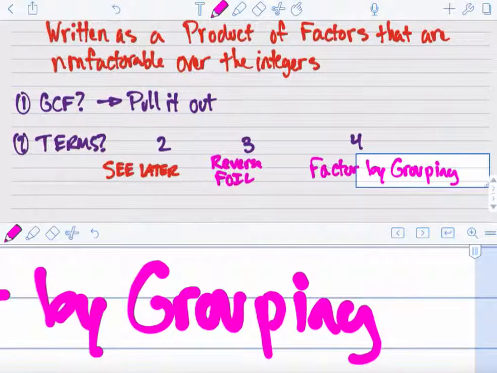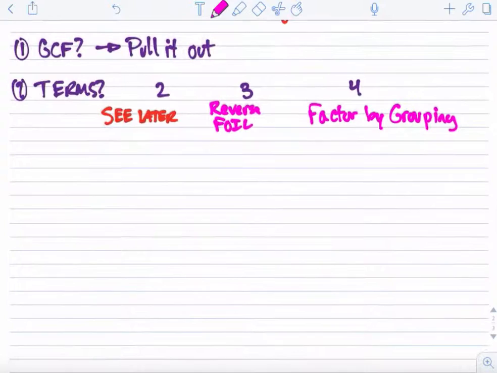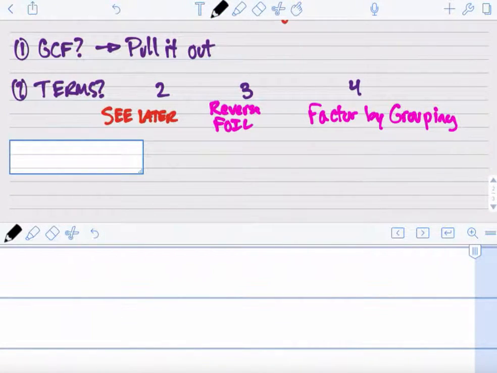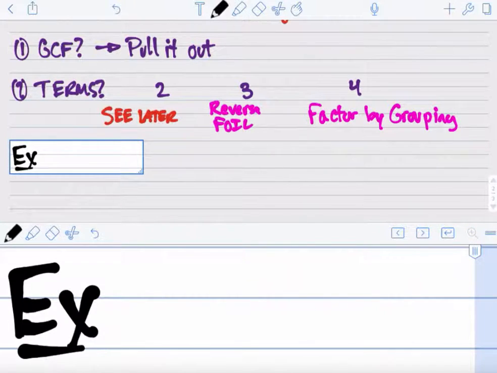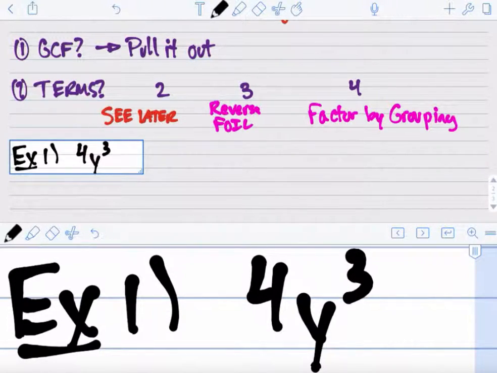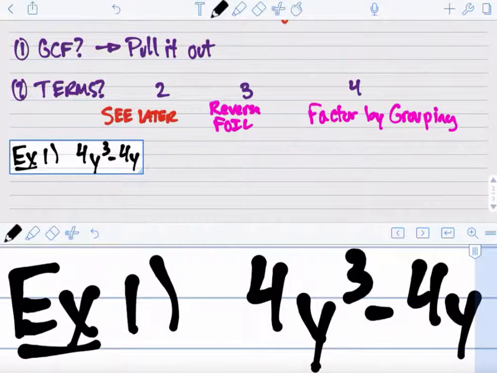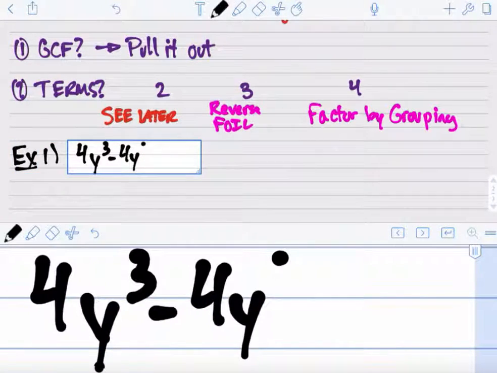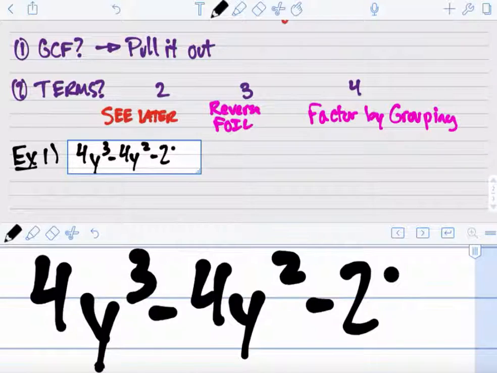All right, so that's what we're working on right now. Let's look at some examples that go with that. First, example 1: 4y cubed minus 4y squared minus 24y.